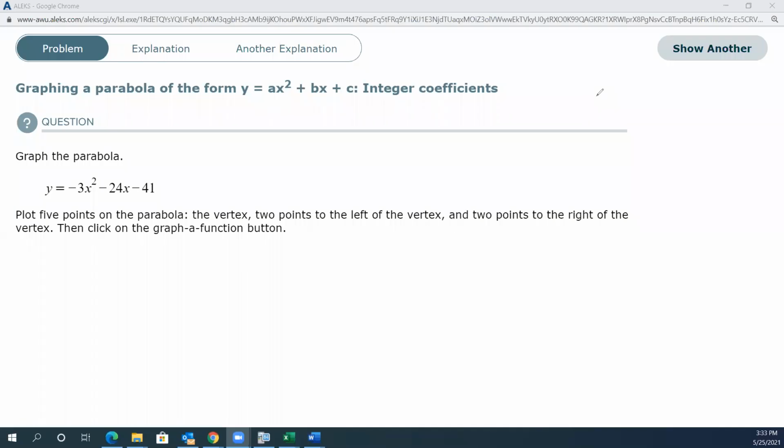Okay, so once again, we're going to graph 5 points, 2 to the left and 2 to the right of the vertex, so we can get a nice pretty graph and impress all of our friends. So first it'd be helpful to know what the vertex is. One way to get the vertex is to use the formula.